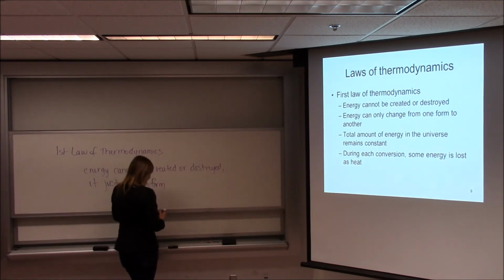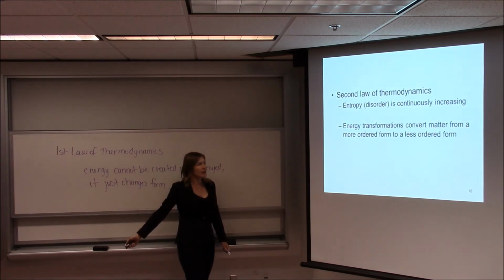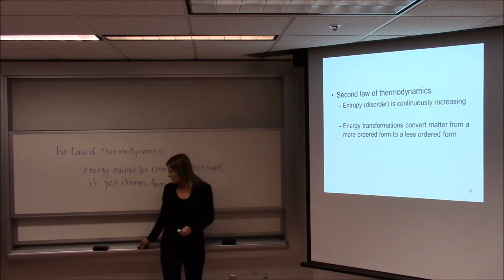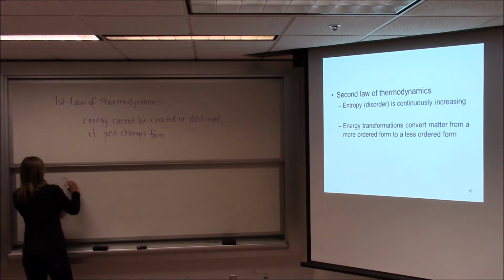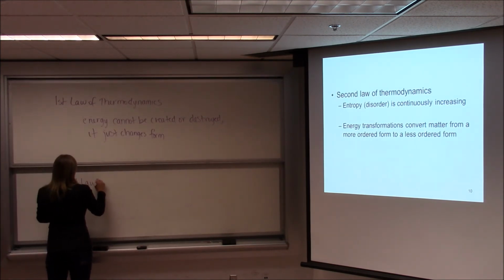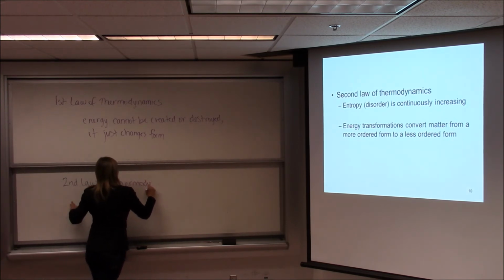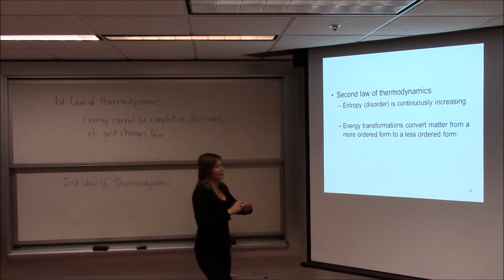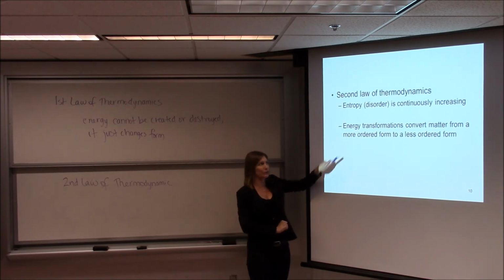Okay, and then the second law of thermodynamics involves this orderly form of energy becoming disorderly. As we use energy, it usually converts from an orderly state to a disorderly state. So, second law of thermodynamics. Energy transformation converts matter from a more ordered form to a less ordered form.